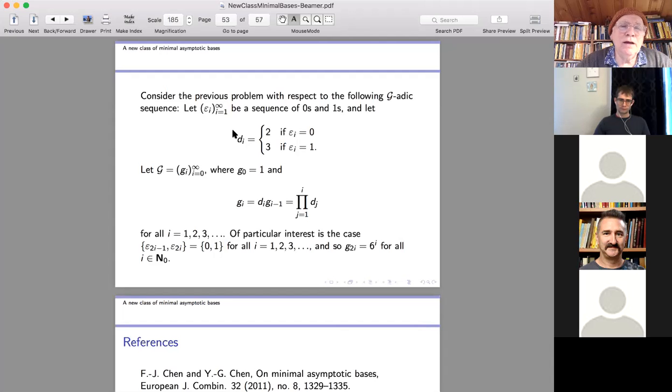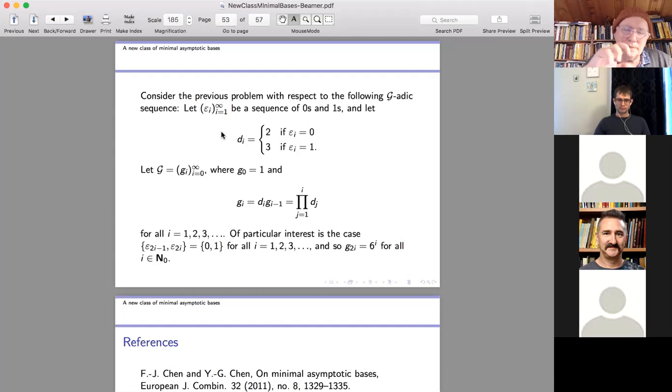So remember, in this geodetic sequence, it's a sequence of integers, and each integer divides the next integer. And if you look at the quotients, you would get some number at least 2. If the numbers are always the same, then your geodetic sequence is essentially the powers of a fixed number.